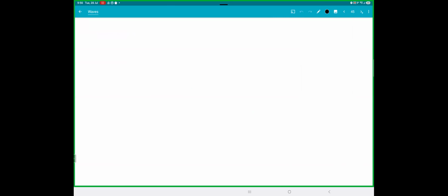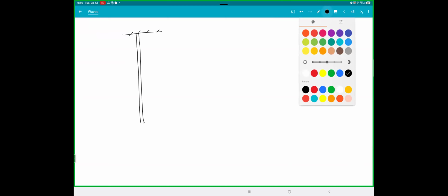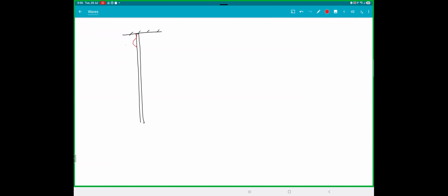Now coming to the question. On that string, you generated two wave pulses. This one is coming down, so this will have some speed here, which is v1. And what is the acceleration? And this will have some speed v2. This will have an acceleration a backward, and this will have an acceleration a forward.